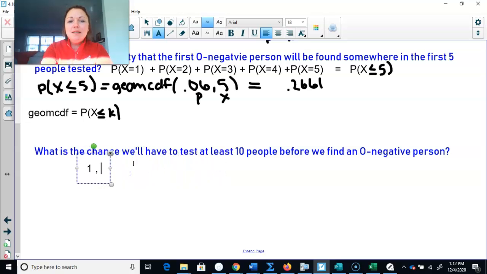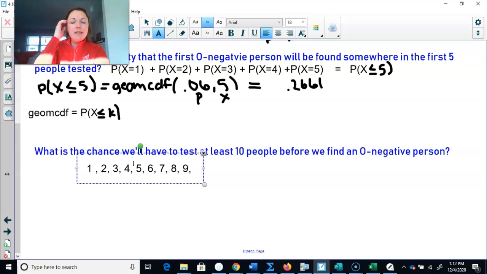The first person doesn't have it. The second person doesn't have it. Third, fourth, fifth, sixth, seventh, eighth, ninth, at least 10. That means the 10th person could have it. The 11th person is at least 10. The 12th person, on and on and on.